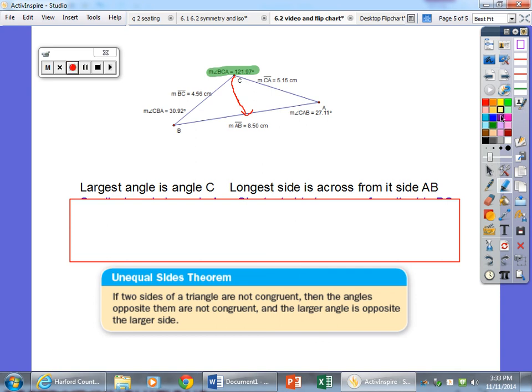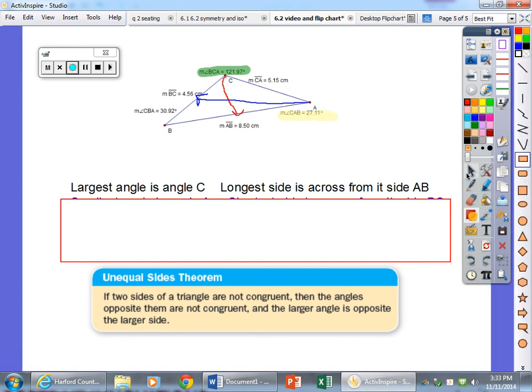Let's look at my smallest angle, which is CAB. If I look at the side opposite that angle and compare it to the other side measures, the smallest side is opposite the smallest angle.